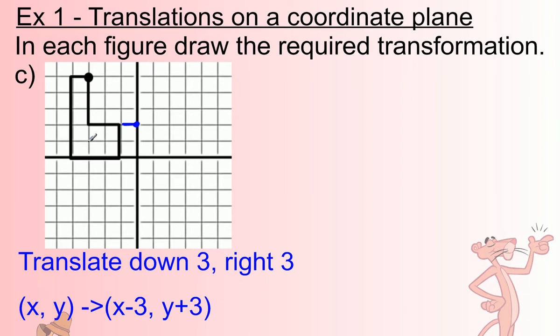This one. 1, 2, 3. So I've got down here, and then I go 2 this way, and then 2 down here, and then 3 this way, and then those connect. So there's my new image translated down 3, right 3. Pretty simple, pretty easy.